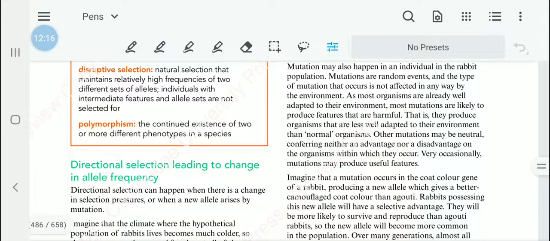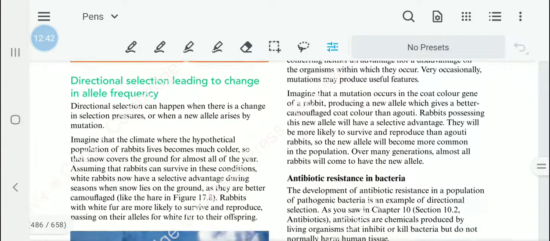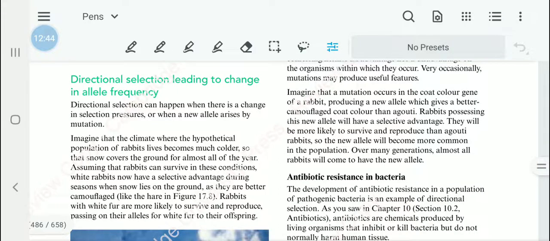As a result, they might die off before it gets passed on. However, there are mutations which are neutral. They are not advantageous, not disadvantageous, and they will just lie within them, and they might die off. There are some occasions where mutations can produce useful features.